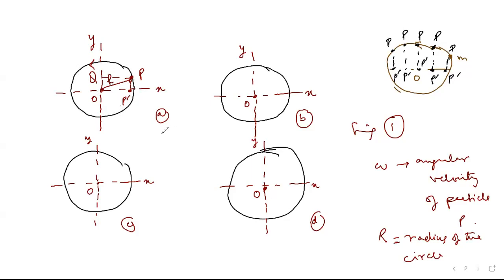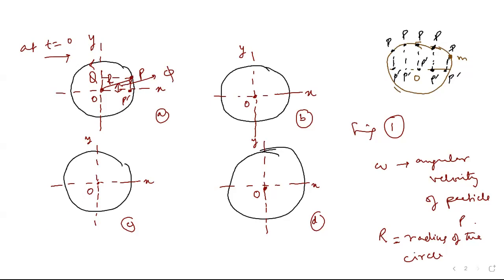Now this part A is the situation at t equal to 0, when motion starts. You can see this radius OP makes some angle with the x-axis. Let this angle be phi.